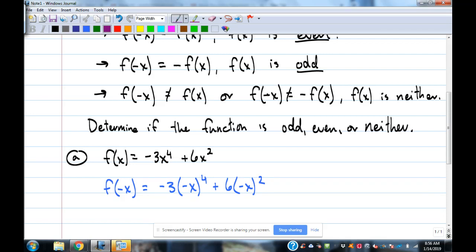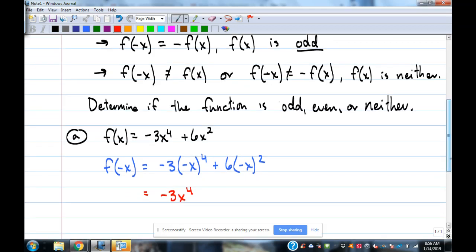Okay, so when you simplify that, order of operations says you got to do the exponent part first. So when you take a negative something and raise it to a fourth power, what does it turn back into? Positive something. So positive x to the fourth times negative 3 is still going to be negative 3x to the fourth, right? Same thing here.